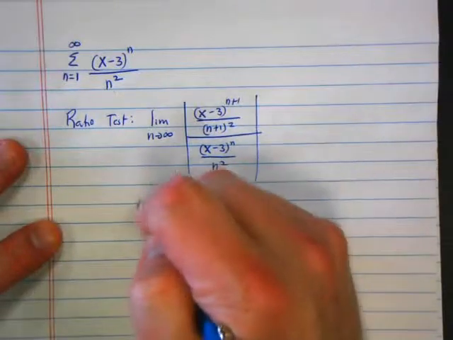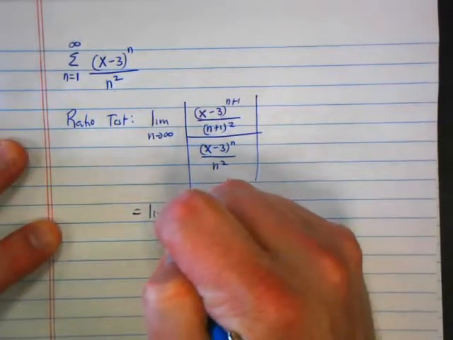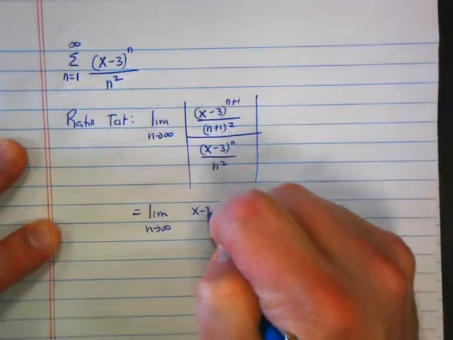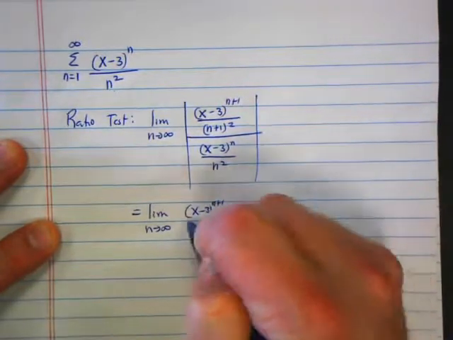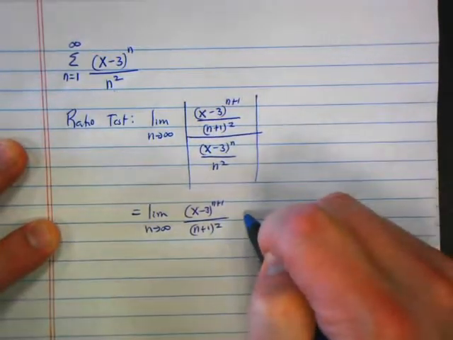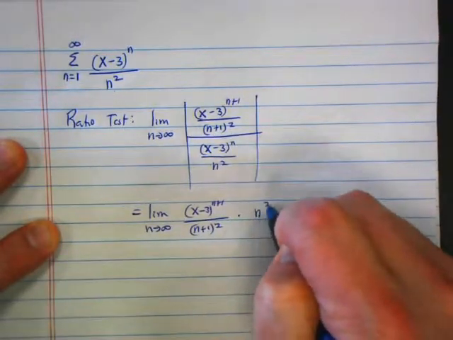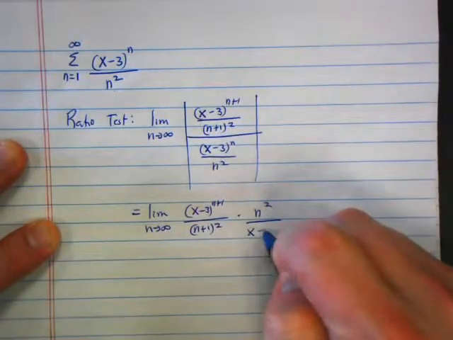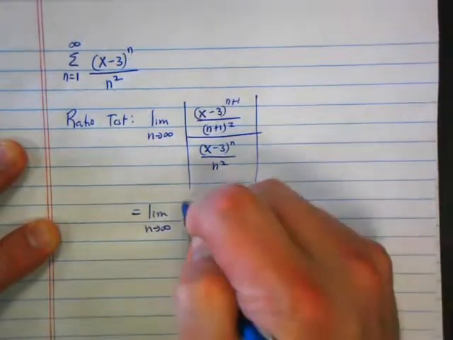Flip and multiply. Limit as n goes to infinity of x minus 3 to the n plus 1 over n plus 1 squared, times n squared divided by x minus 3 to the n.